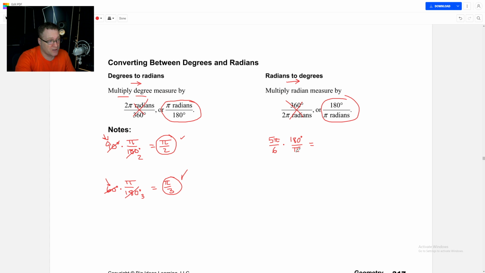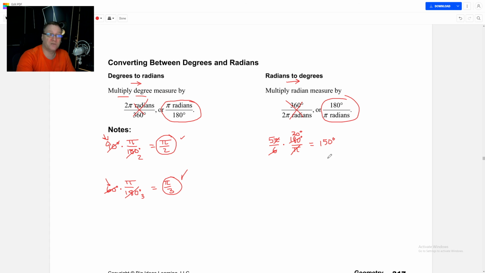So let's do that. The pi's are going to go away. No more pi's. Then here we have 6, and here we have 180. Well, 180 divided by 6 is 30, so this is going to be 30 degrees. We're going to have 5, so everything's gone except for 5 times 30 degrees, which is 150 degrees.